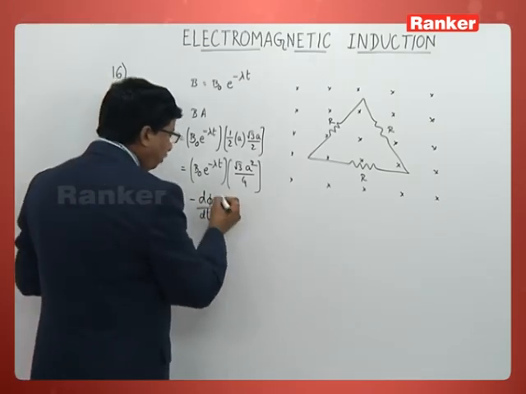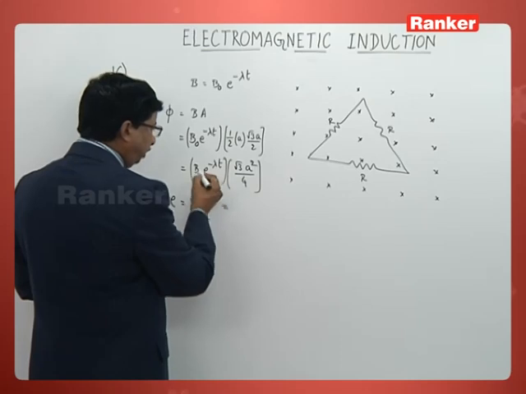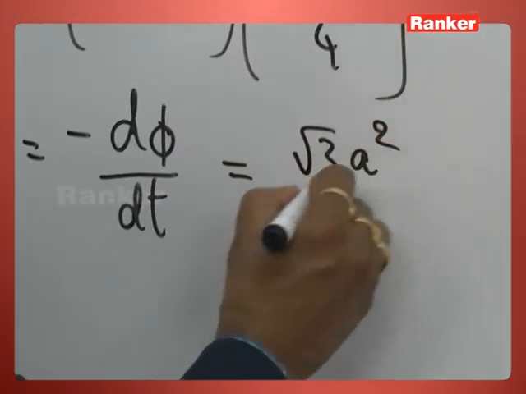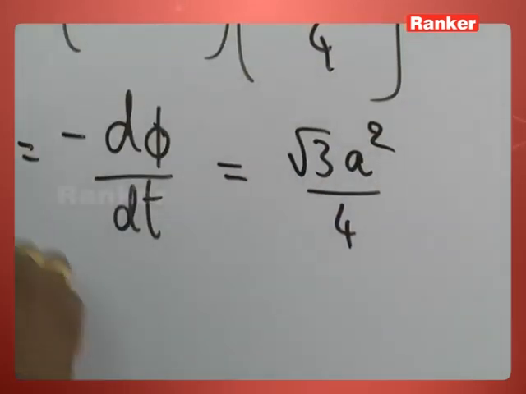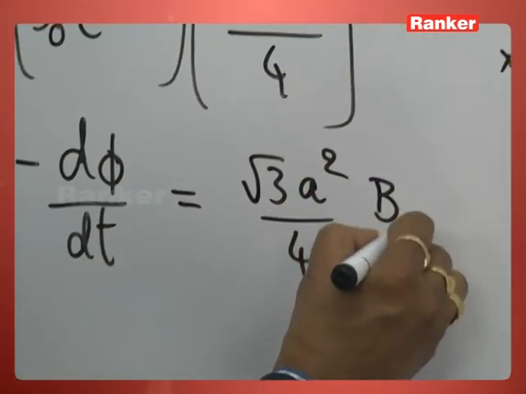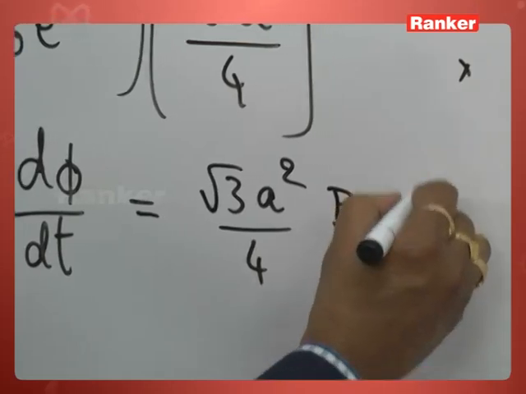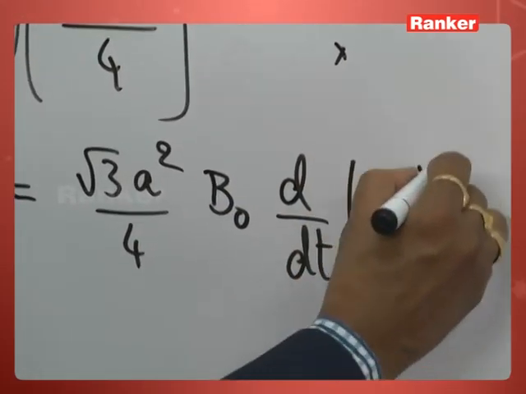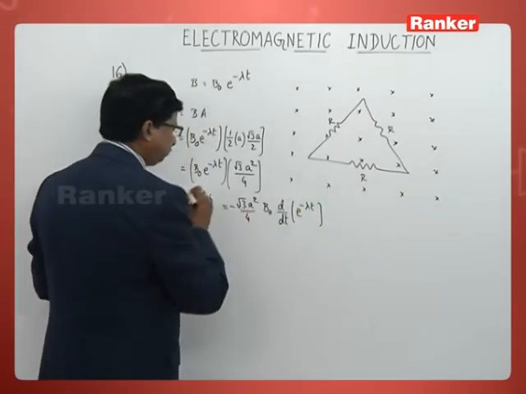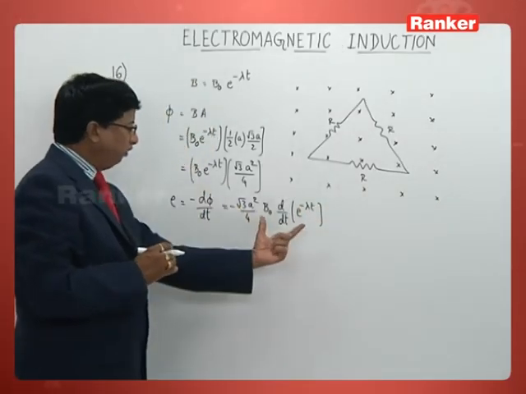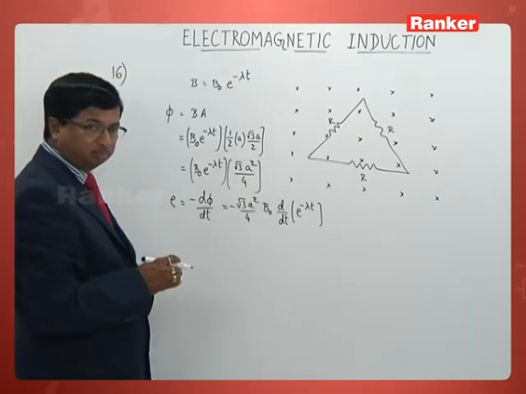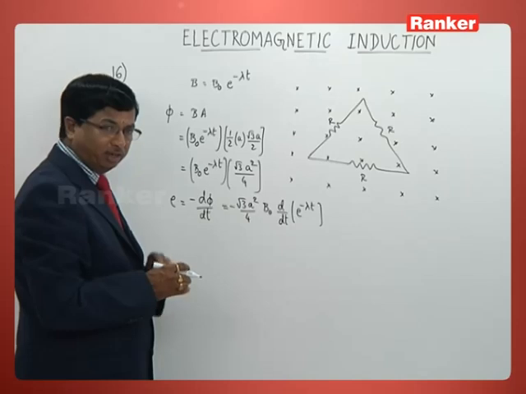What is this value now? You can directly take root 3 a square by 4 as it is, B naught you take it out, d by dt of e power minus lambda t. In fact, this now becomes lambda e power minus lambda t, that too with a negative sign.